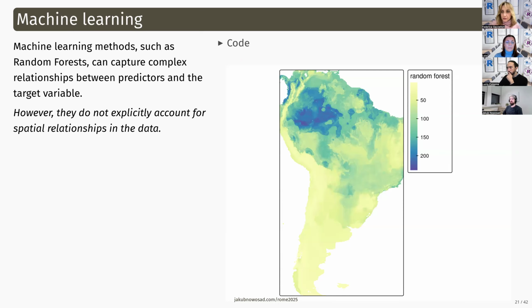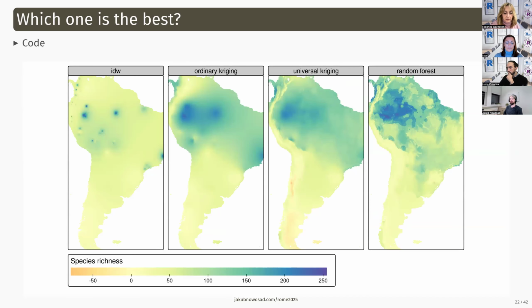And now I think we can think about this important question: which one is the best? We have 4 maps. We created 4 different results. We used 4 slightly different approaches, from IDW, which is only based on our points, through ordinary kriging, which is also based on our points, but also on our model.